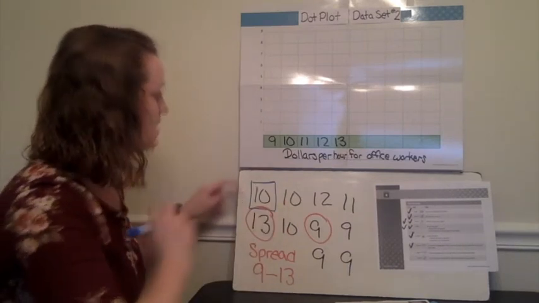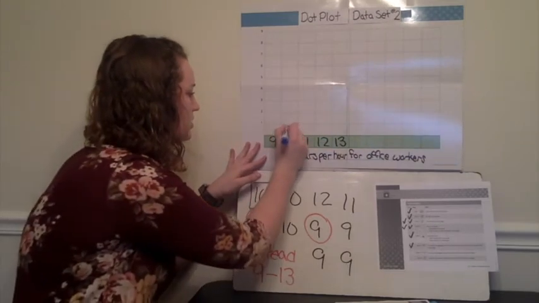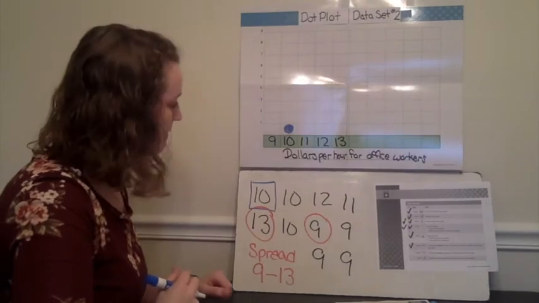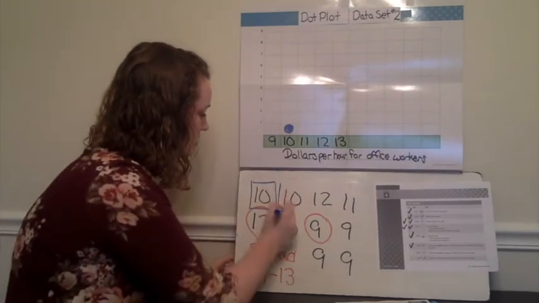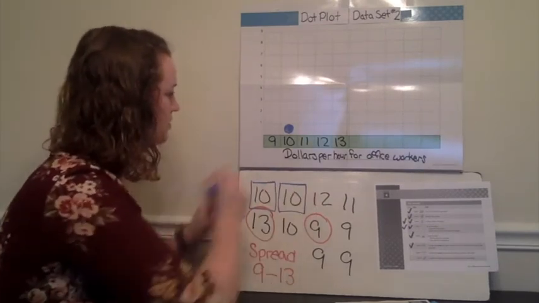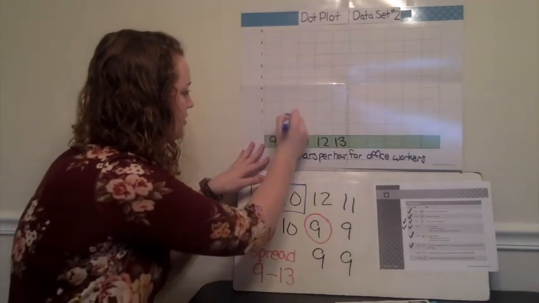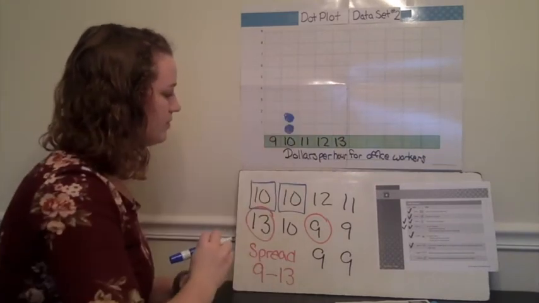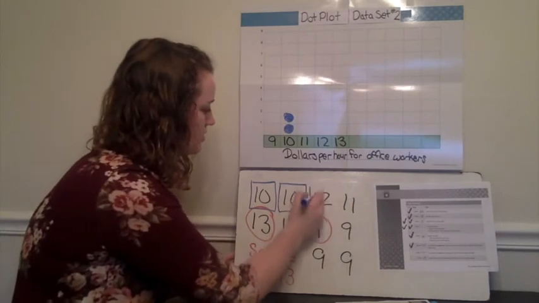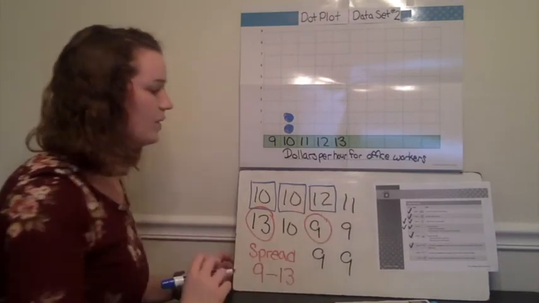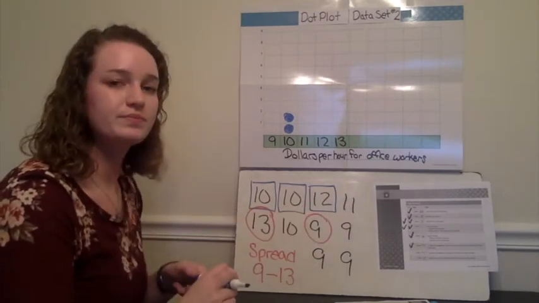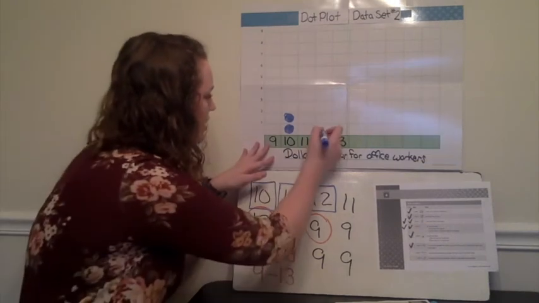We have 10, so we're going to put a dot right here for 10. Our next one, we have 10, put another dot for 10. And our next one, we have 12, so put a dot above 12.